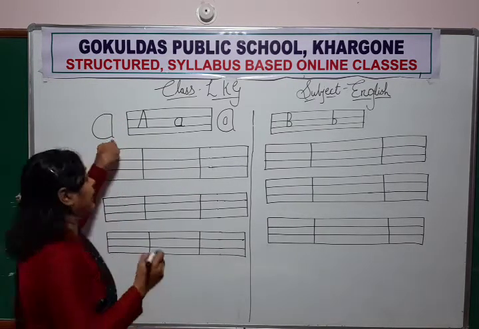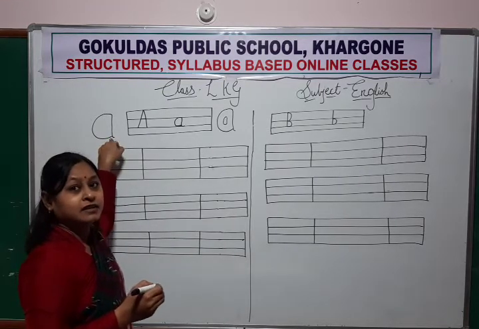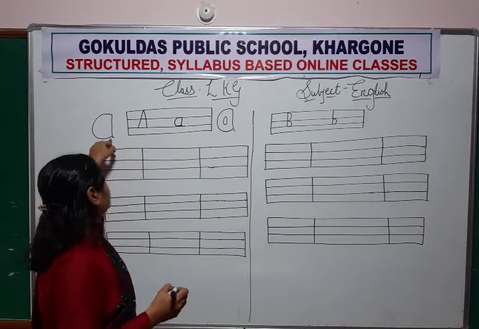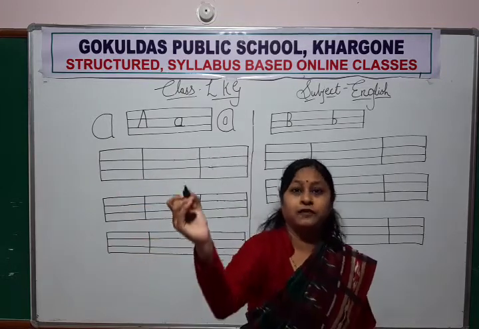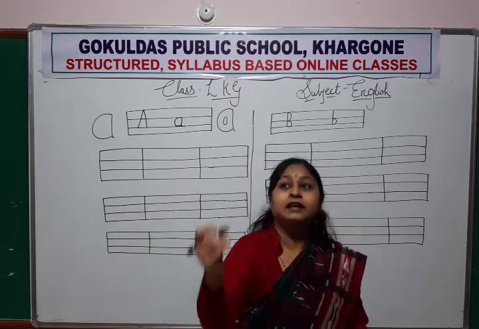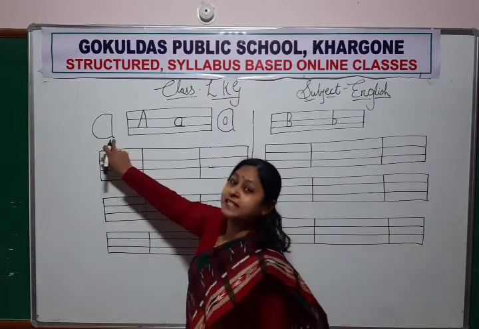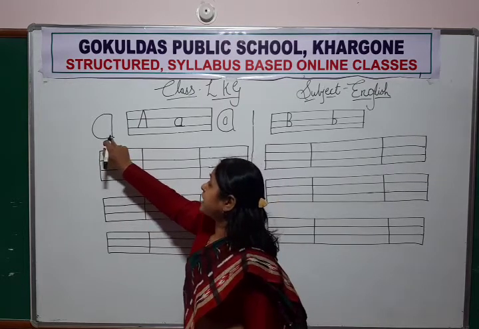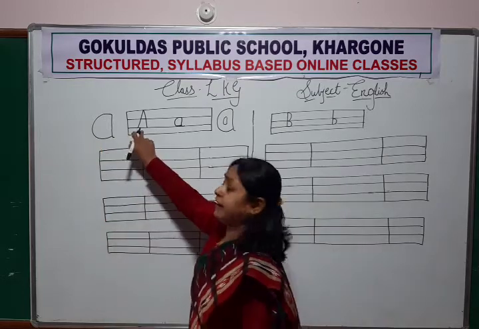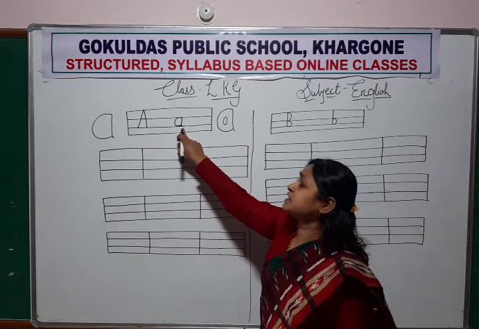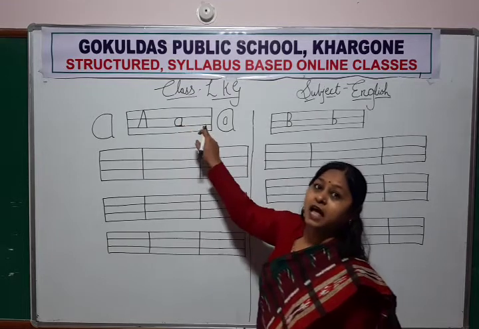And small tail of letter A. Small A. You have to write half circle, then standing line and small tail. Look here, small tail is here. Okay, so which letter is this? Letter A. This is Mama A and this is baby A. So, sound of letter A is A.